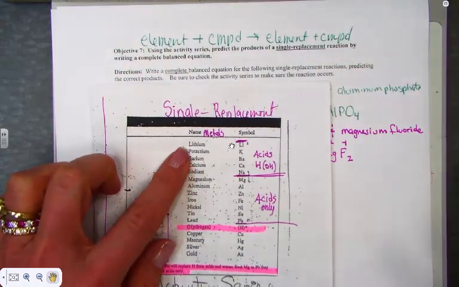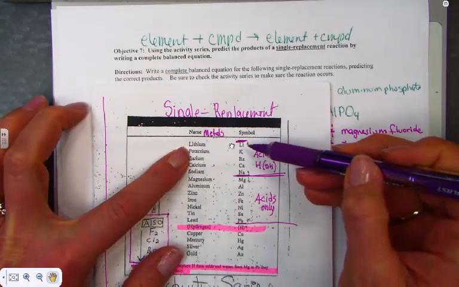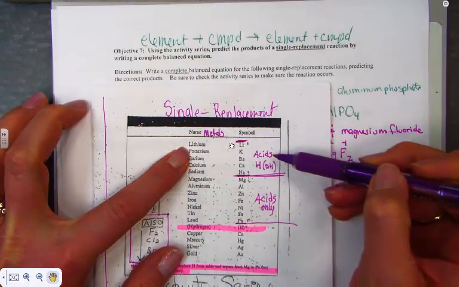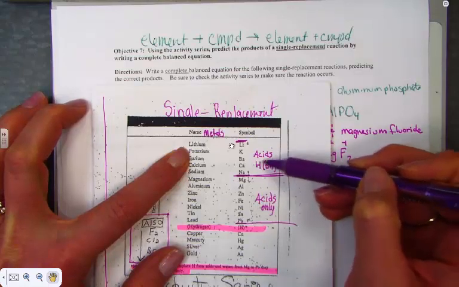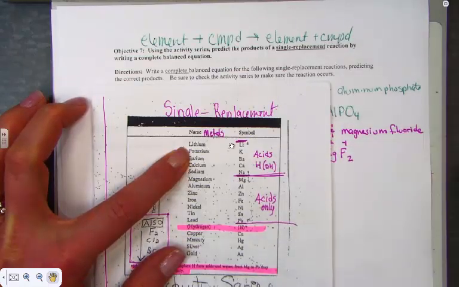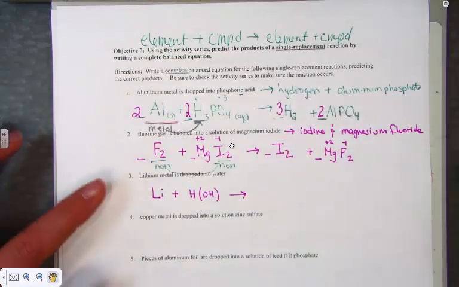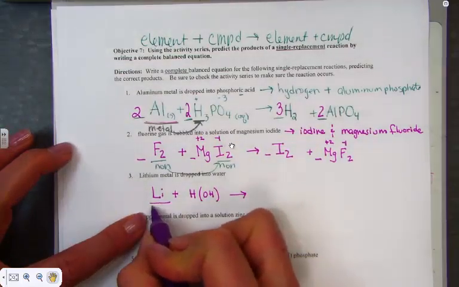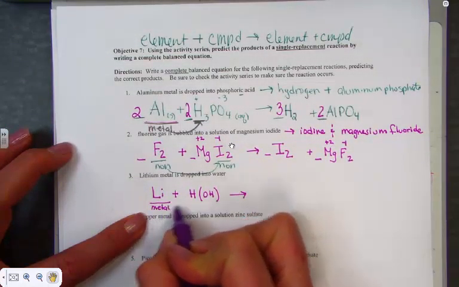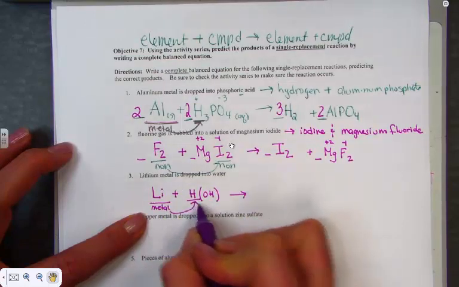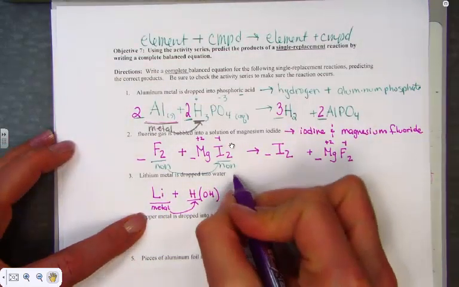We see the activity series says lithium is indeed strong enough not only to displace hydrogen that's in acids, but also the hydrogen that's in water. This reaction will occur. Lithium being a metal, we compared it to the hydrogen, and indeed we said, yes, this will go.